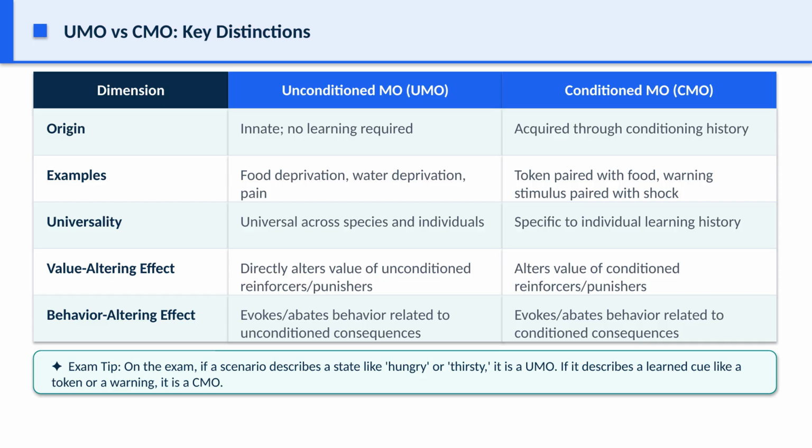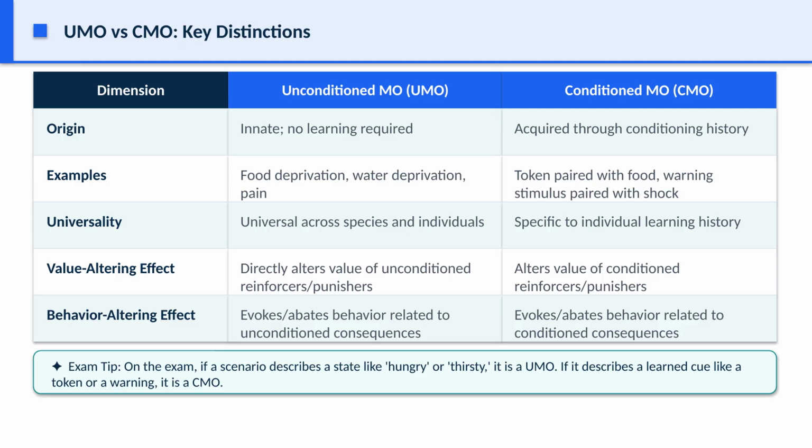Now, let's clarify the key distinctions between unconditioned and conditioned motivating operations, because the BCBA exam will test your ability to differentiate them. An unconditioned MO, or UMO, is innate. No learning history is required. Think of food deprivation. It alters the value of food as a reinforcer and evokes food-seeking behavior universally across species.